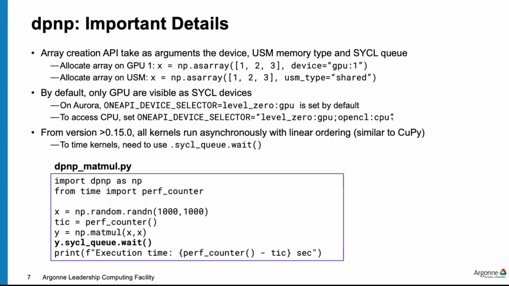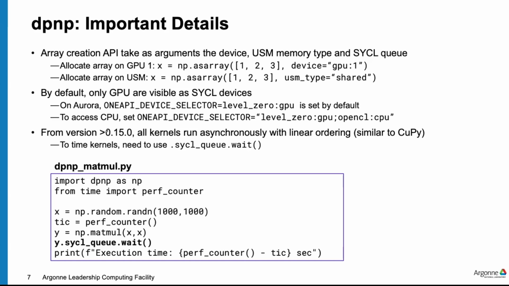And when you modify this environment variable, then you can access with DPNP all the SYCL devices that are available. So that includes the host and then the 12 tiles on the node. And you can play with this environment variable. So if you wanted DPNP, for example, to only see the hosts, the CPUs, then you would just use this opencl:cpu string here.